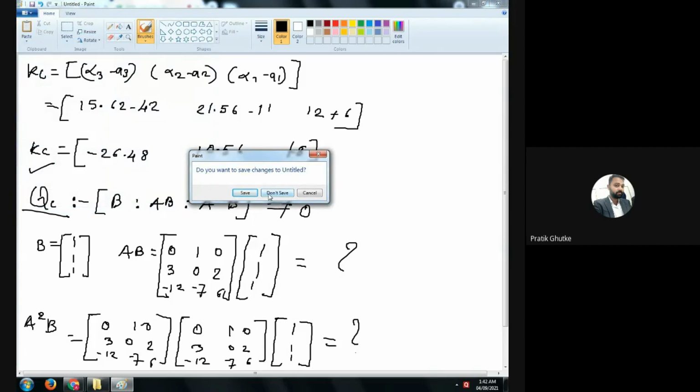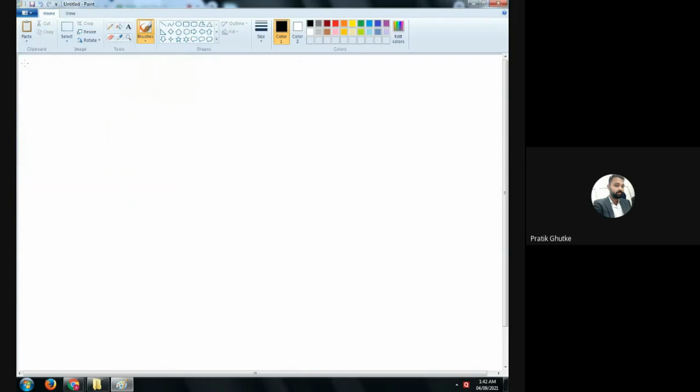You have to take the inverse for this matrix, that is QC inverse. So QC inverse is coming as 1.013, minus 0.065, minus 0.052.